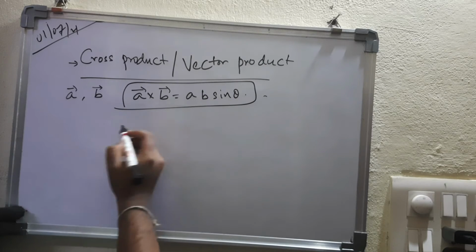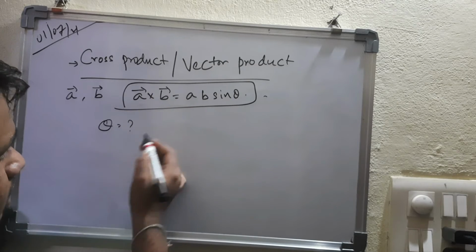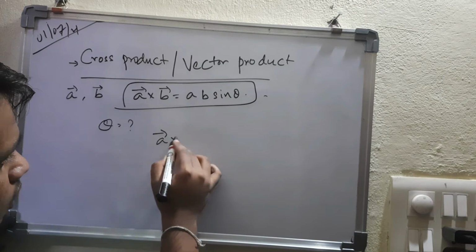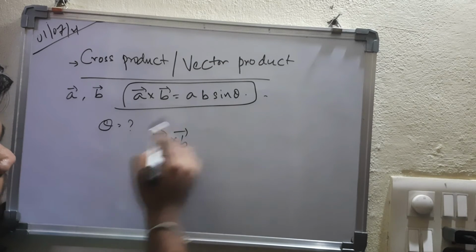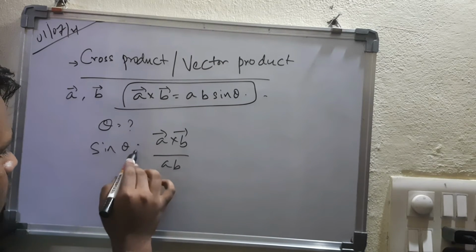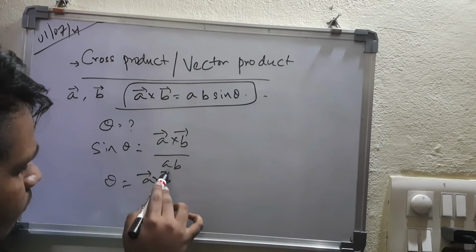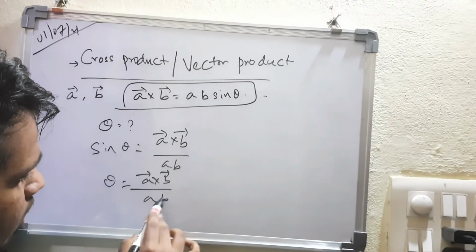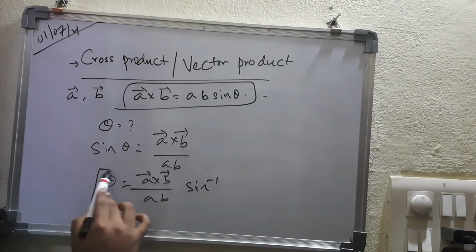Now, finding the angle theta. Same as the previous one: A cross B, sending AB to that side, A cross B by AB equals sin theta. Now sending sin to that side, theta equals sin inverse of A cross B by AB.